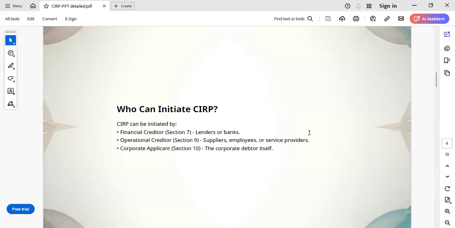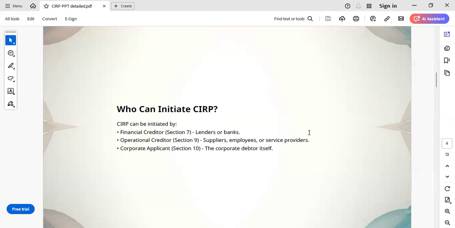Who can initiate CIRP? CIRP can be initiated either by a financial creditor, or by an operational creditor, or by the corporate applicant itself. Financial creditors, that is lenders and banks, can initiate under Section 7 of IBC.